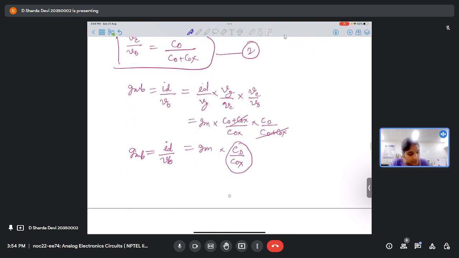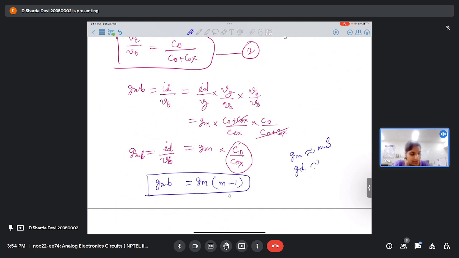So here we'll substitute m minus 1. This is GMB. Now if we look clearly, we know GM is in some millisiemens. Generally, in a general sense, we have GM in a few millisiemens.